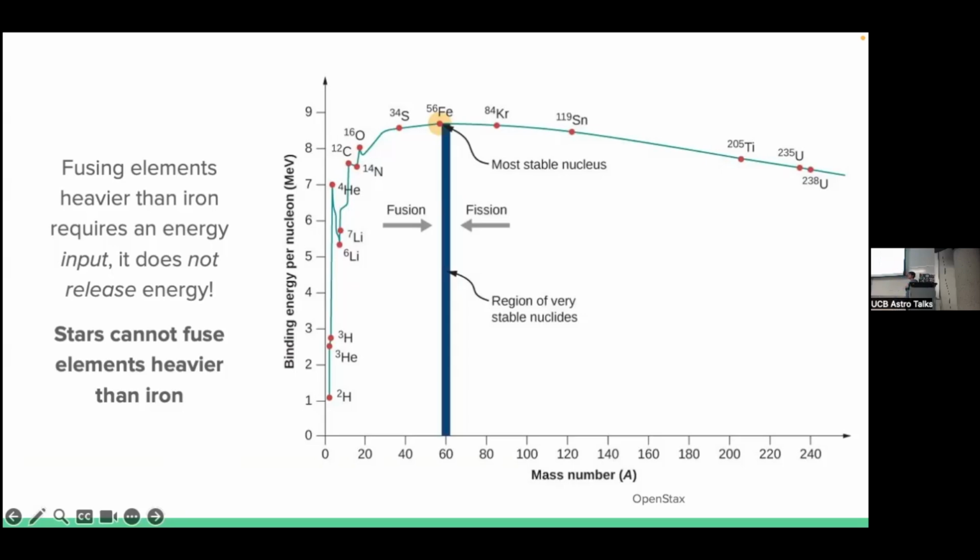I think solar metallicity, if I remember correctly, is a little bit higher in iron than a lot of things that we see. But essentially you can measure the amount of iron by looking at the spectra of stars. Maybe we won't go too in detail for this, but if you want to ask about this later, we can do that.